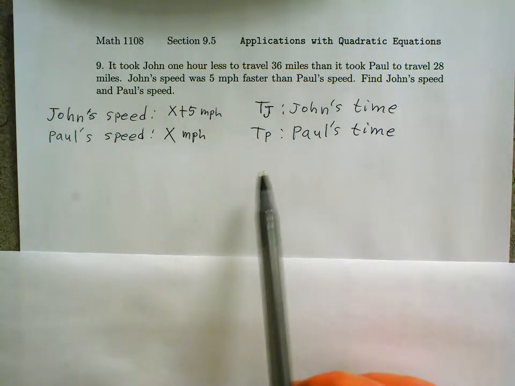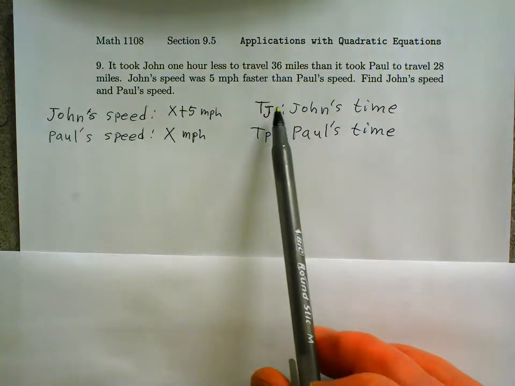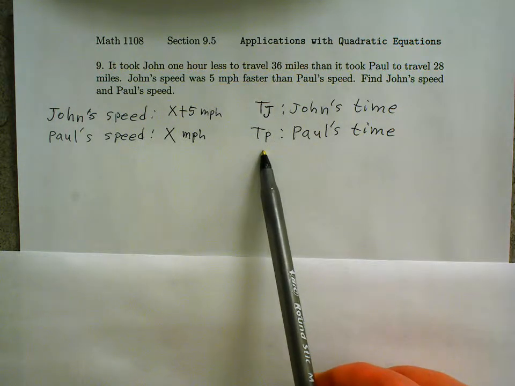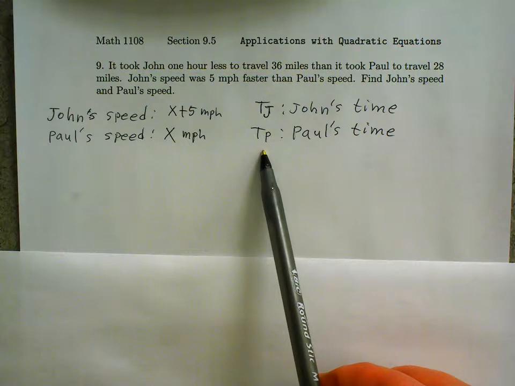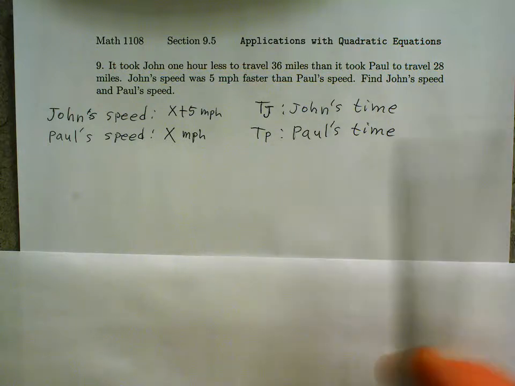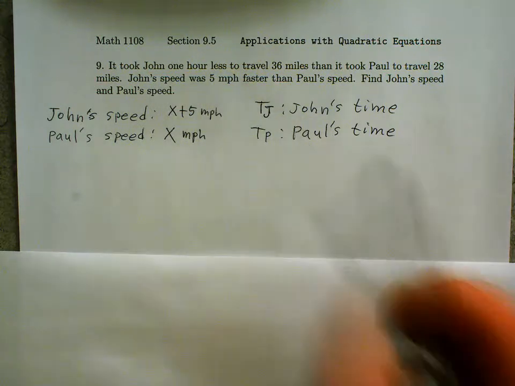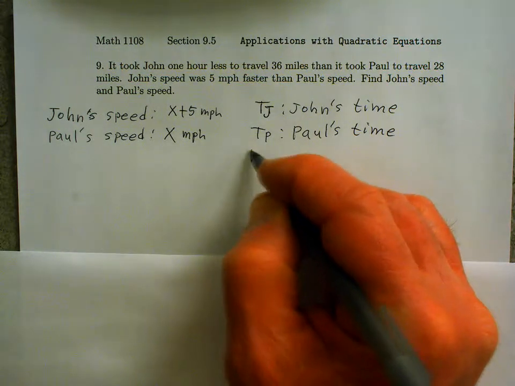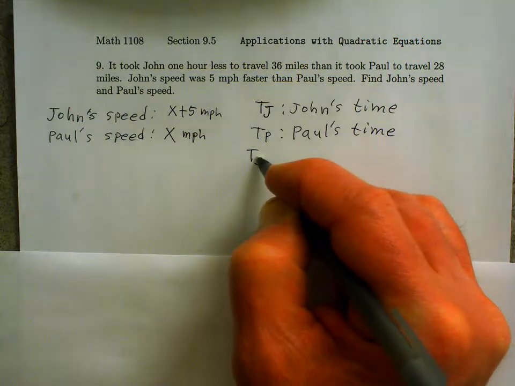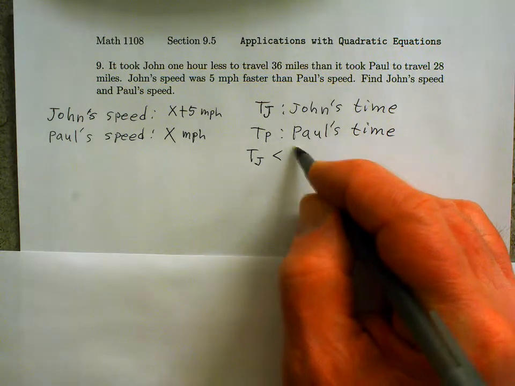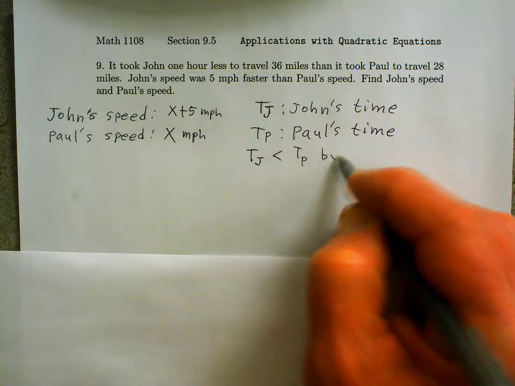So in an equation, how do we relate John's time and Paul's time? John took 1 hour less than Paul. So we could write John's time is less than Paul's time by 1 hour.